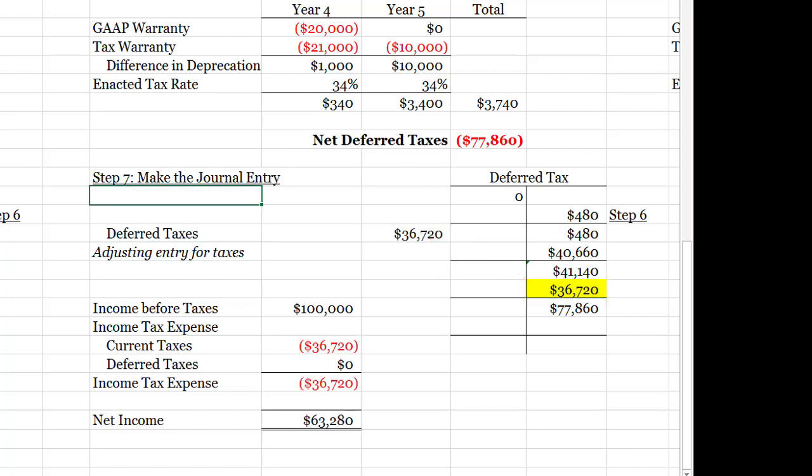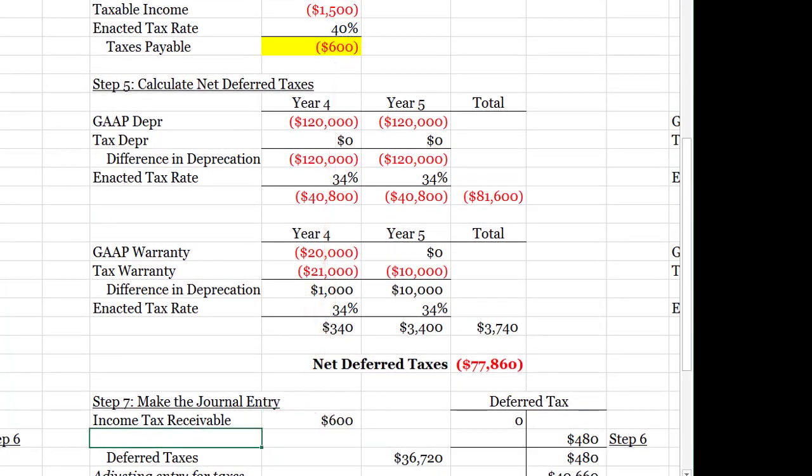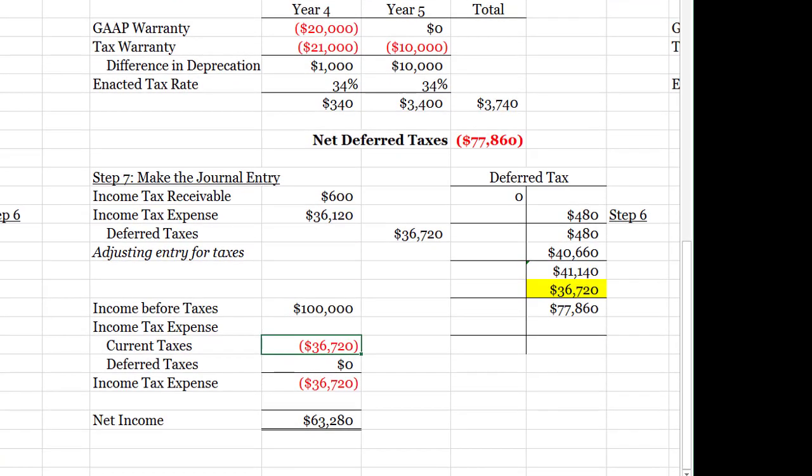I know I've also got income tax receivable because in step 4, I said I was going to get money back from the government. And that leaves me with income tax expense as the difference between the two. So $36,120.